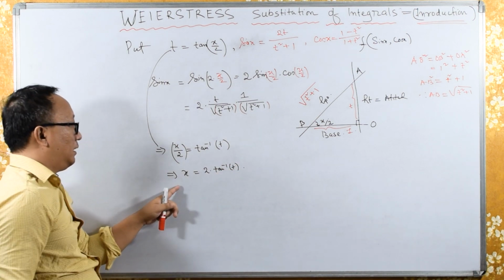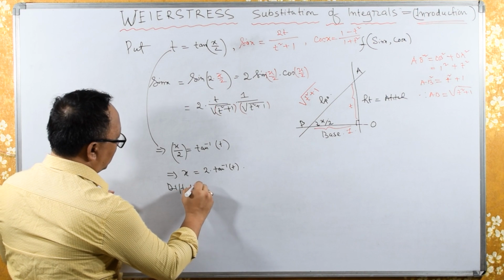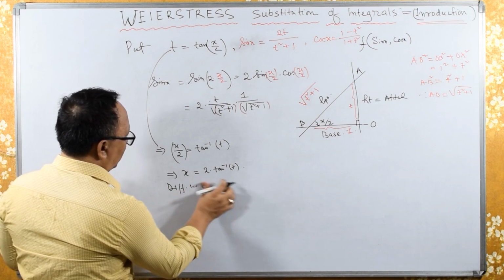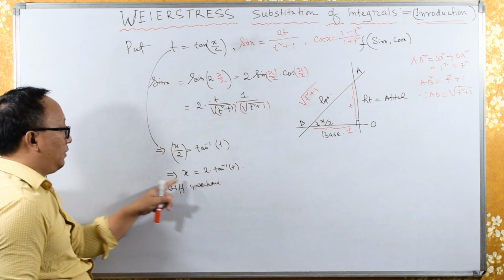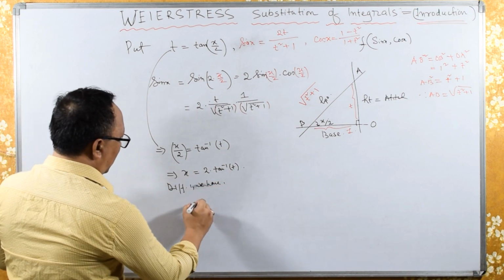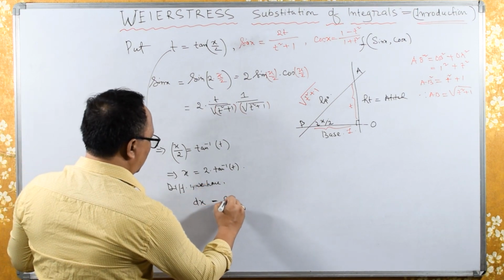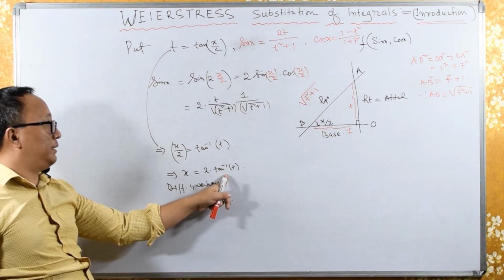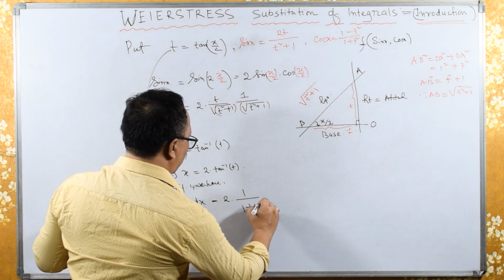Now differentiating with respect to t, we have dx equals 2, since 2 is constant. Differentiation of tan inverse t is what? 1 upon 1 plus t square.